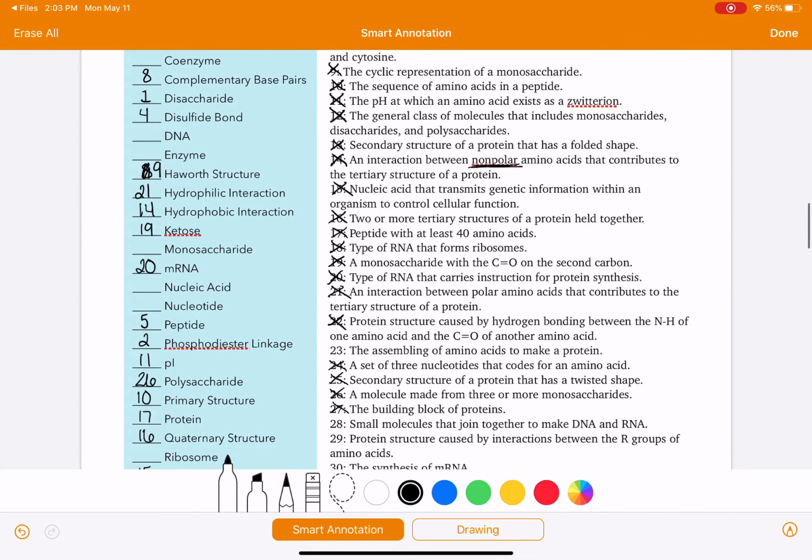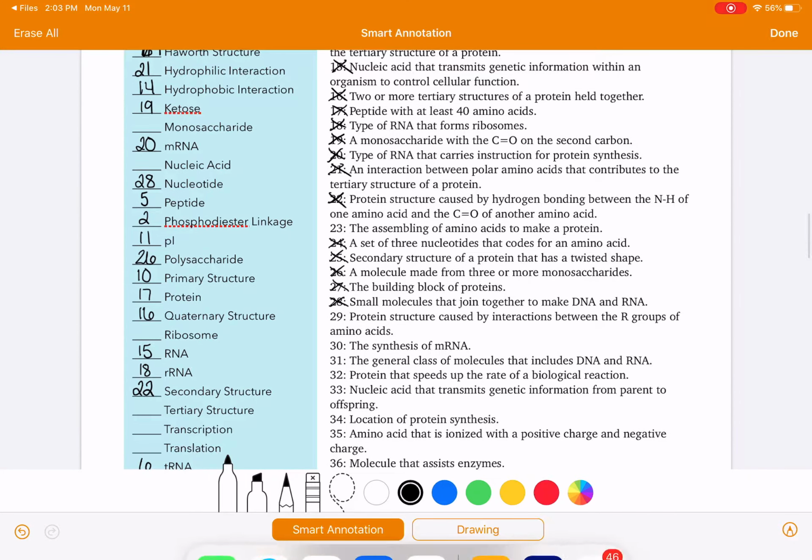Small molecules that join together to make DNA and RNA are nucleotides. Protein structure caused by interactions between the R groups of the amino acids, that's the tertiary structure. The synthesis of mRNA, so that's the transcription versus translation again.